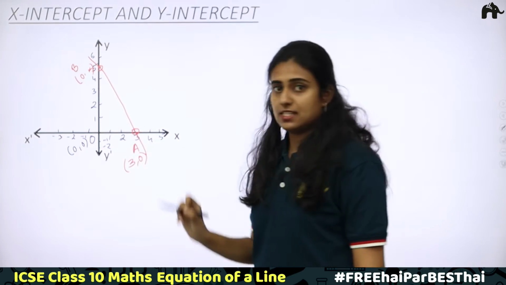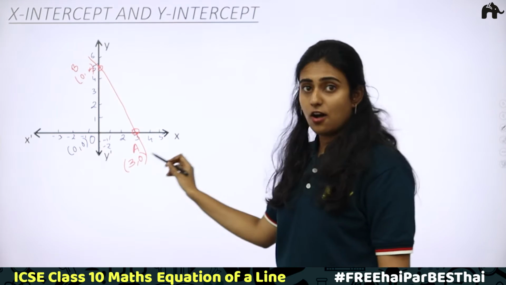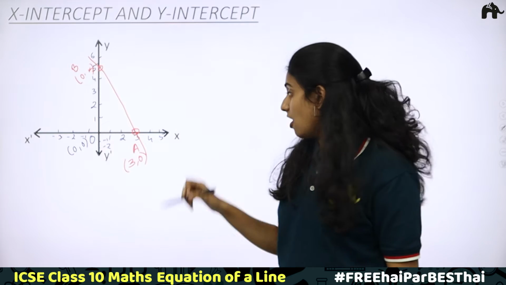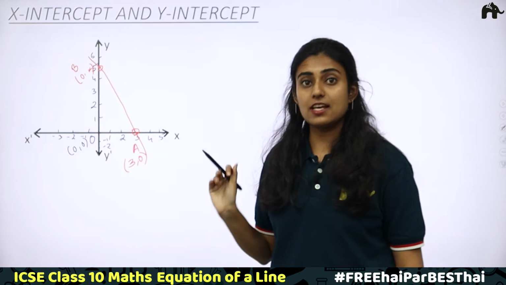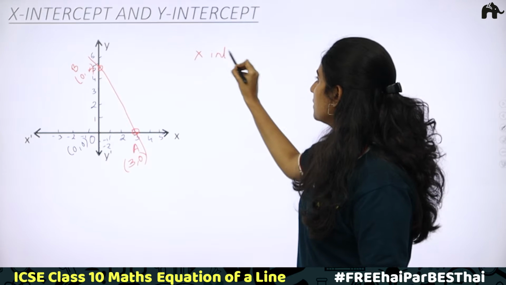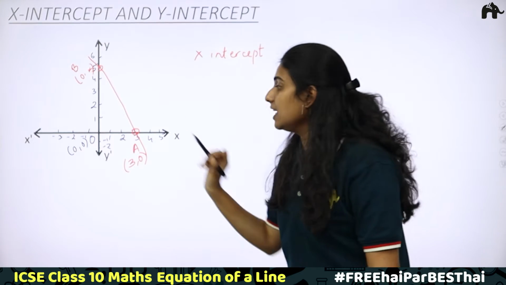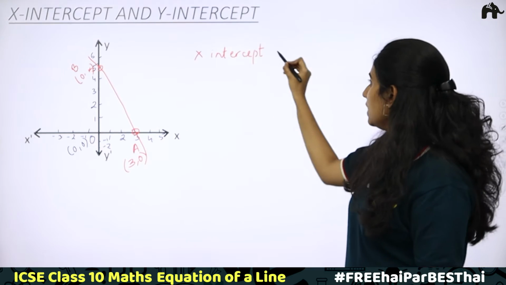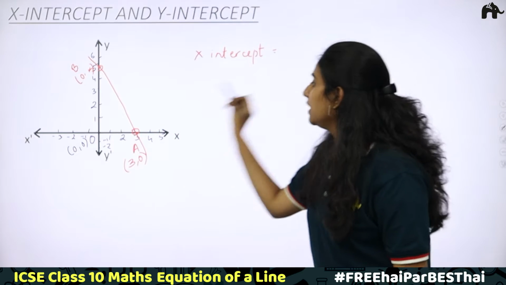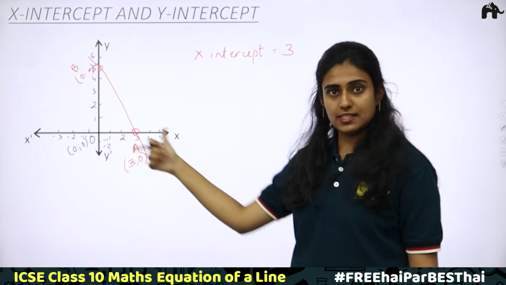The abscissa, or the x-coordinate, of the point that lies on the x-axis is the x-intercept. In this case, the x-intercept, the point where the line touches the x-axis, has the value 3.